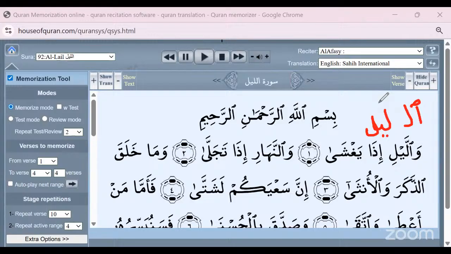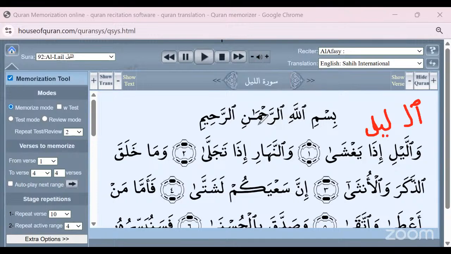And the sun letter absorbs the lam of the Laamut-Ta'areef. It is merged into the lam, just like it is merged into any other sun letter.